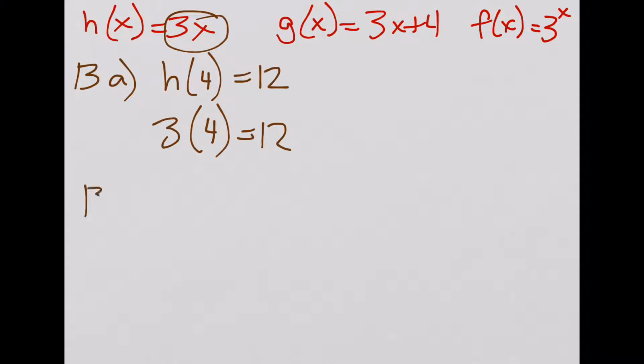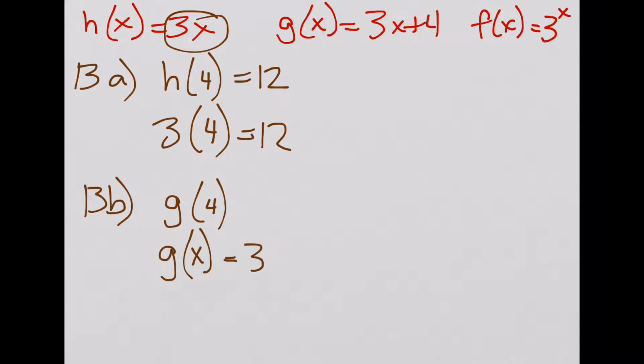Okay, let's do 13b. It says find g of 4. So I'm going to take my function g of x, and I'm going to replace the x with a 4, and then figure out what it is. And so 3 times 4 is 12, plus 4 is 16. So g of 4 equals 16.